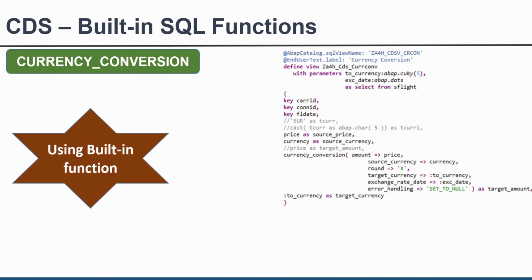And this is the way we use the built-in function in CDS. We just call the currency_conversion function with the parameters amount, source, whether to round it or not, target, exchange rate, and error handling.